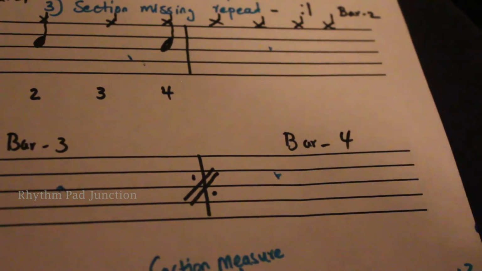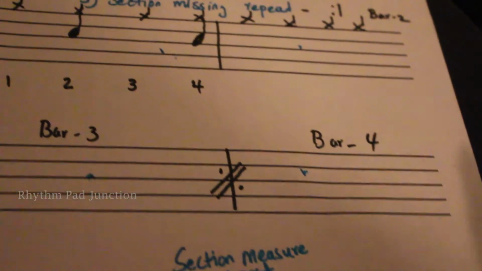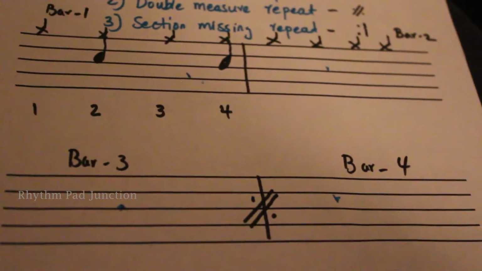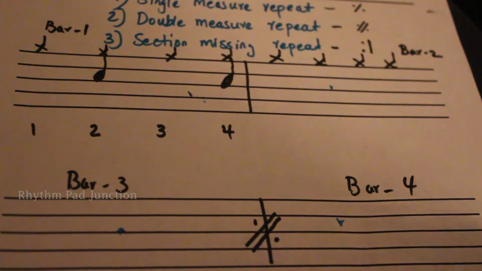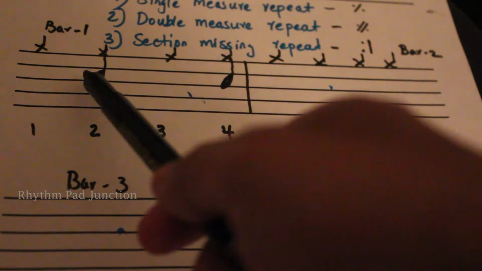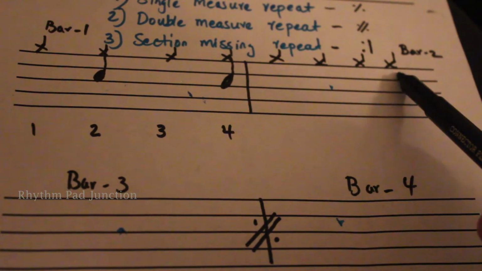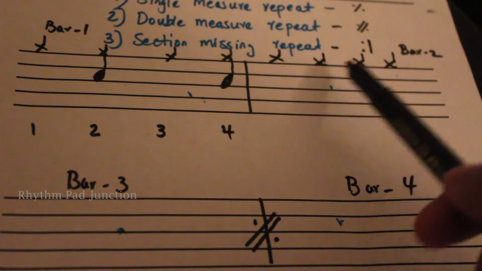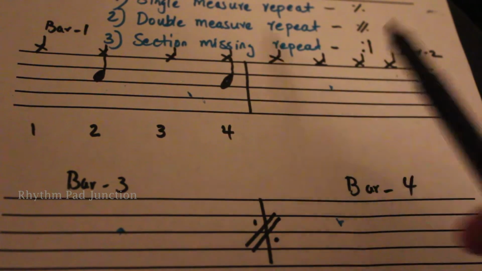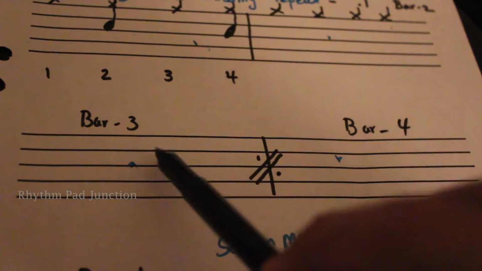Now double measure repeat is this. You can see on bar 1 we have this note written, and on bar 2 we have just the closed hi-hats written, no snare. And we want to repeat the same thing on bar 3 and bar 4.